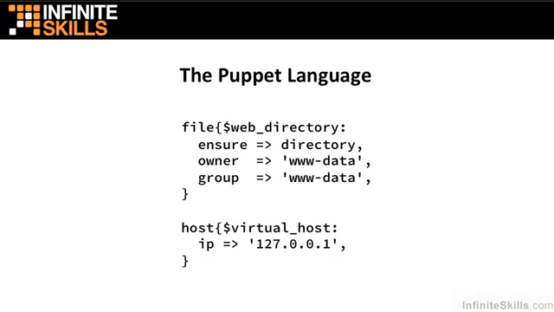In the modules we create, we can identify a type called a file and leave it to the type and provider system of the resource abstraction layer to do the dirty work of creating that file on our system. The same is true for identifying a local network host. This is one where we may be identifying a virtual host in a web application, for example, to use a local IP.